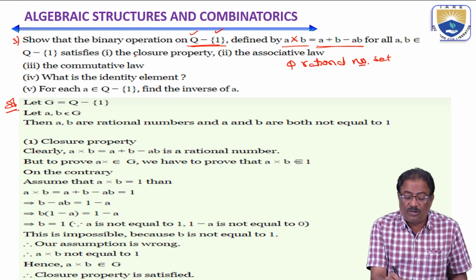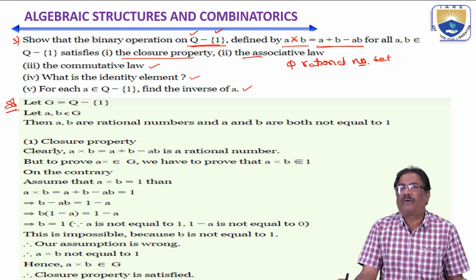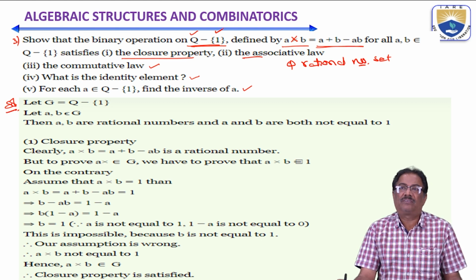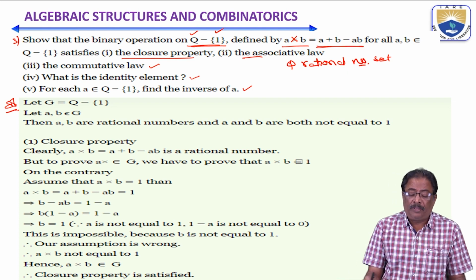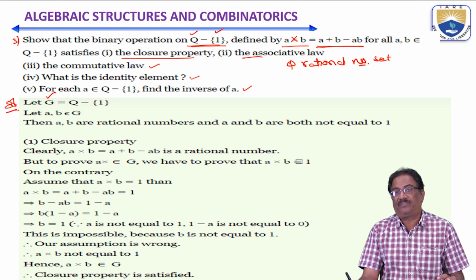Then it is going to satisfy the commutative, associative, and closure properties, and next the identity element and the inverse. So we are going to prove that it is a group. Of course, we are going to find the identity element and the inverse of the given element a. For the beginning, let G be the given set, Q minus 1, a non-empty set which is the rational number set that does not have 1.